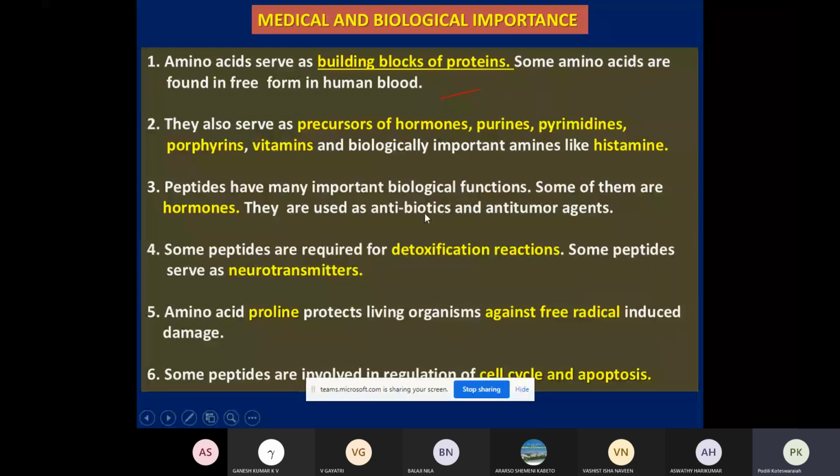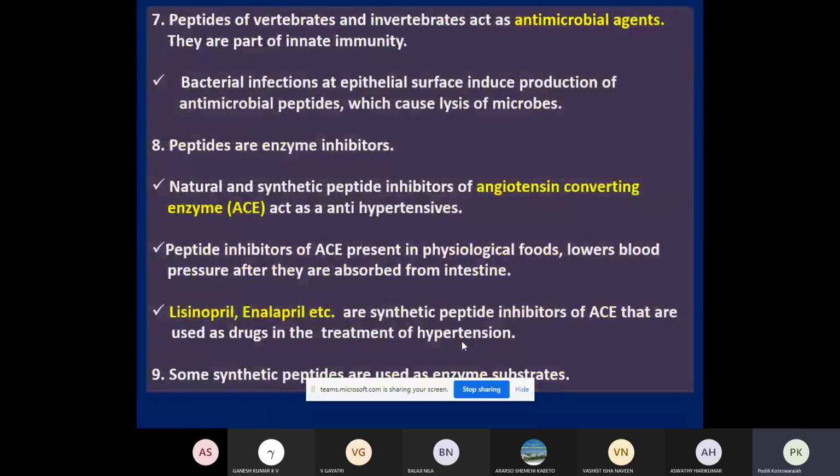Some peptides are required for detoxification reactions, and some peptides are neurotransmitters. The amino acid proline protects the cell from free radical induced damage, and some peptides are involved in regulation of the cell cycle and apoptosis. Some peptides of vertebrates and invertebrates act as antimicrobial agents, and some peptides are enzyme inhibitors.